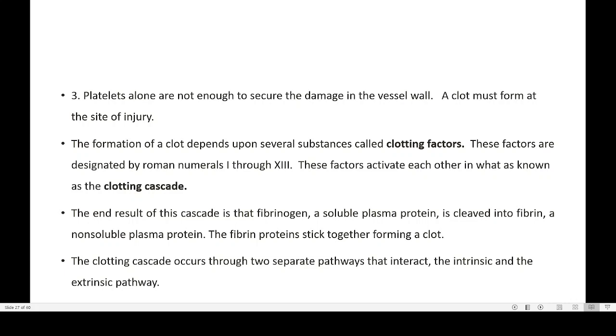There are a lot of proteins in your blood, and these proteins play an important role in the final conversion of fibrinogen into fibrin. Clotting means fibrinogen into fibrin, but for that mechanism to work, many other proteins are needed. Some 13 or more proteins are needed. Together, these proteins are known as clotting factors.